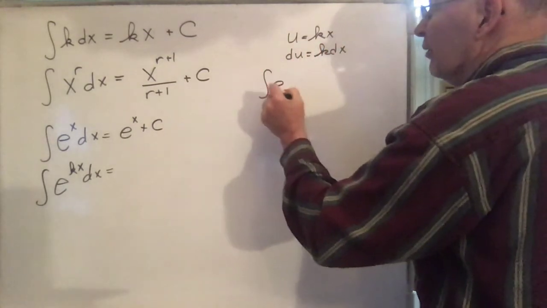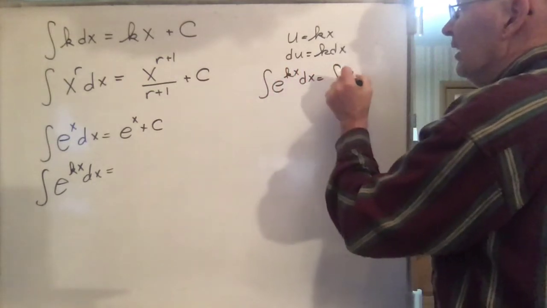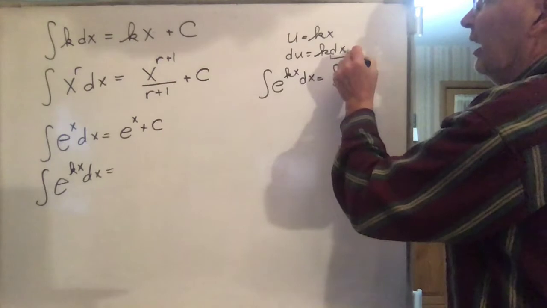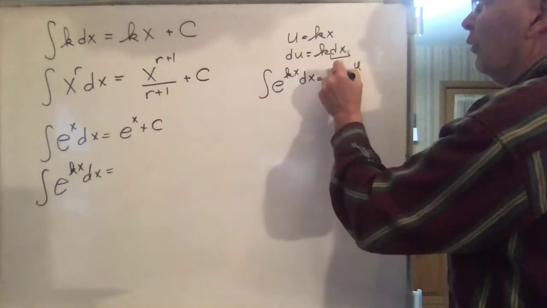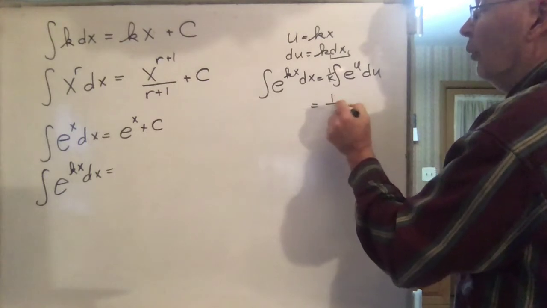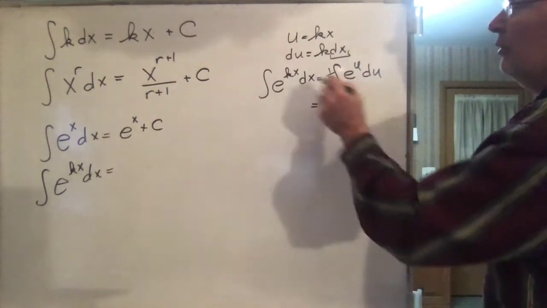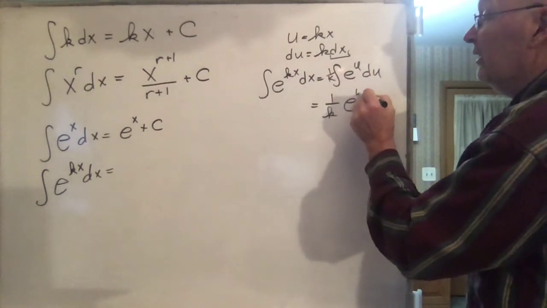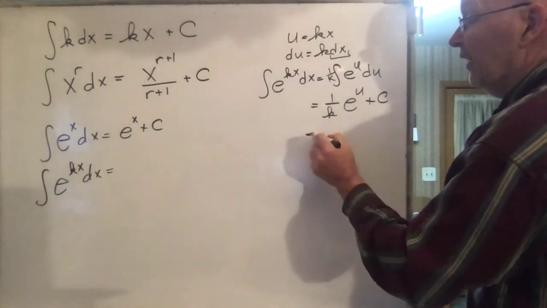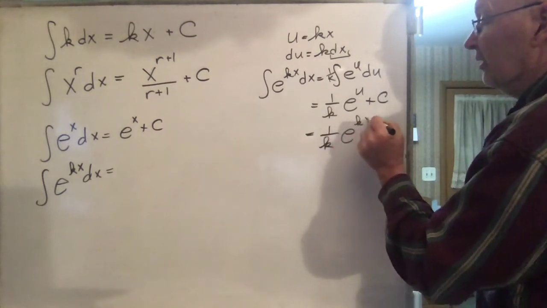And so the integral of e to the kx dx becomes e to the u, and then the dx becomes 1 over k du, and so we just get 1 over k times the antiderivative of e to the u. It's just e to the u, so that's going to be e to the u plus c, and finally 1 over k e to the kx plus c.